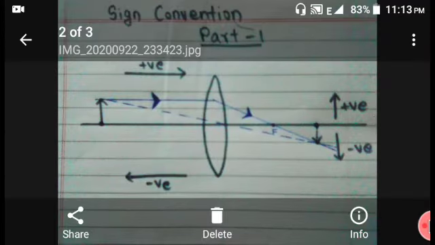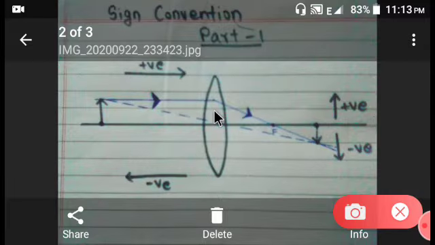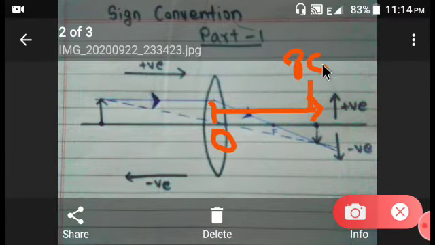And the second thing, very simple: you know that this is v, right? How are you going to measure v? From the optical center to the point where the image is formed, in this direction. Anytime, anywhere, whether you use a ruler or just your brain, you start 0 at the optical center and measure till the image or the object, and you get a finite measure, around 8 centimeter.